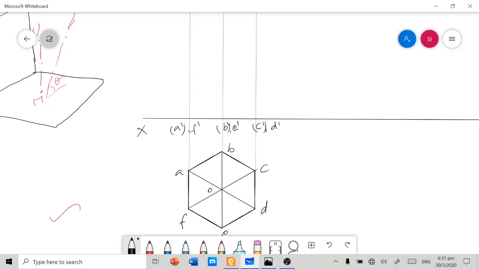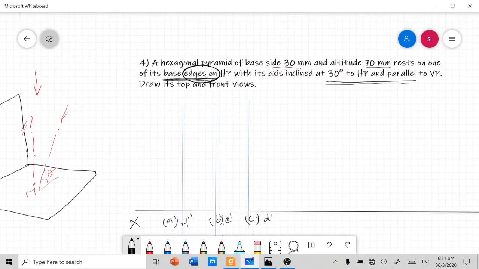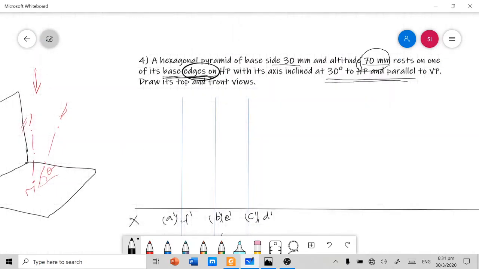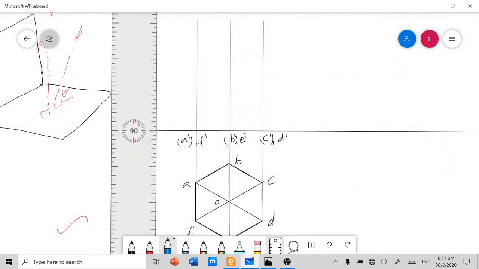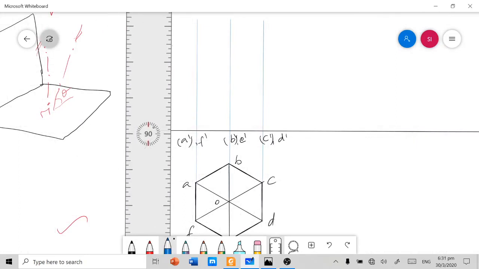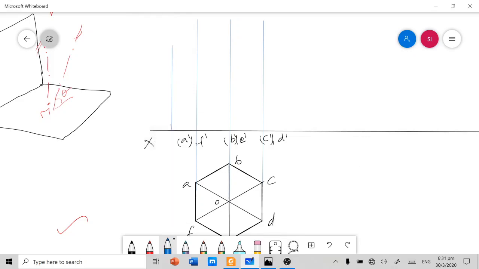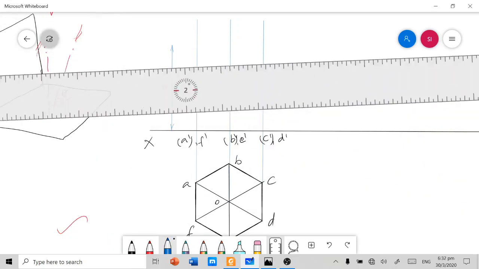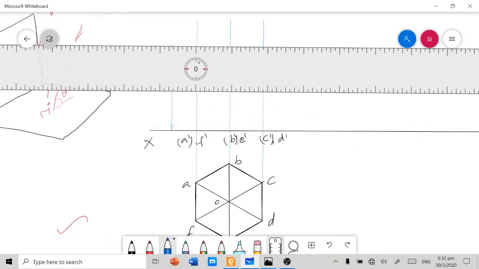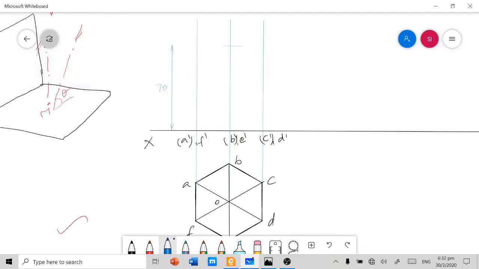The apex point can be located at the height of the axis. The axis height given in the problem is 70 mm. So you have to measure 70 mm from the base and locate the apex point O dash here.